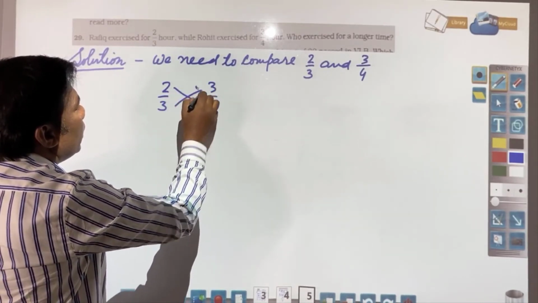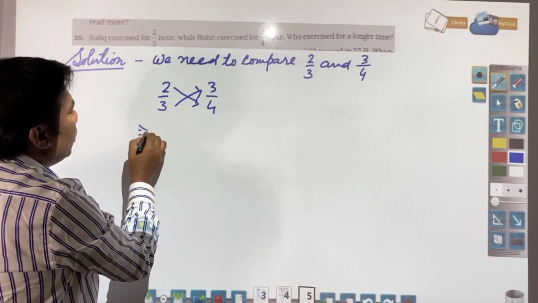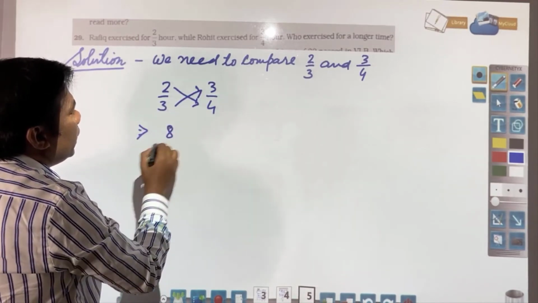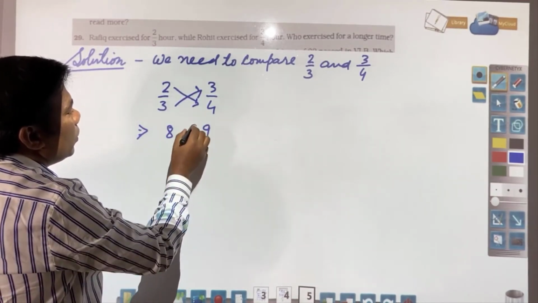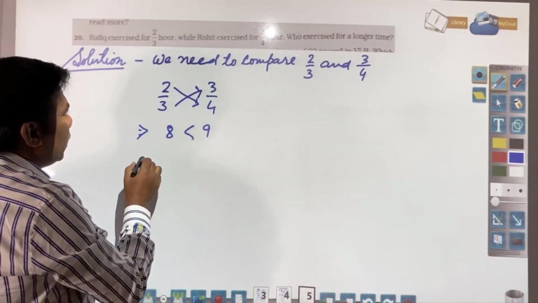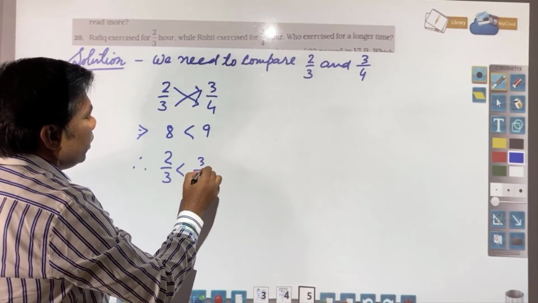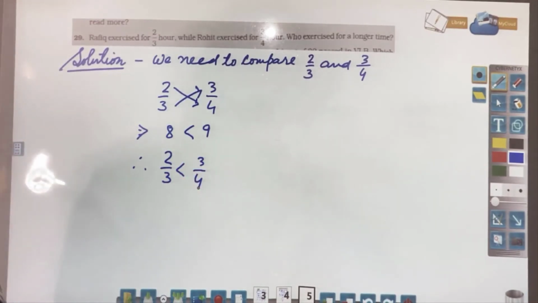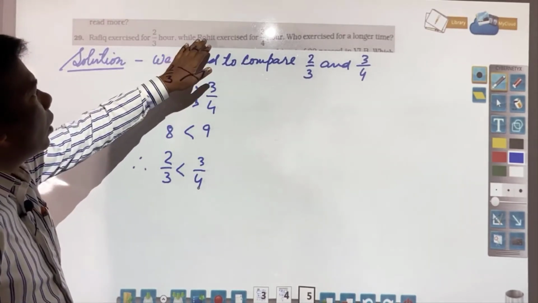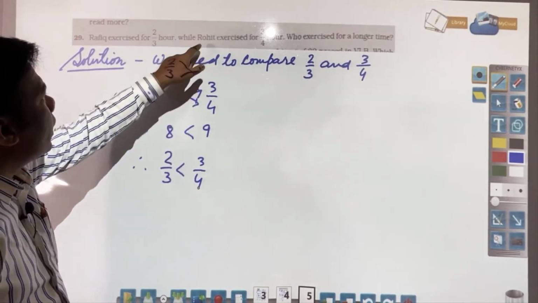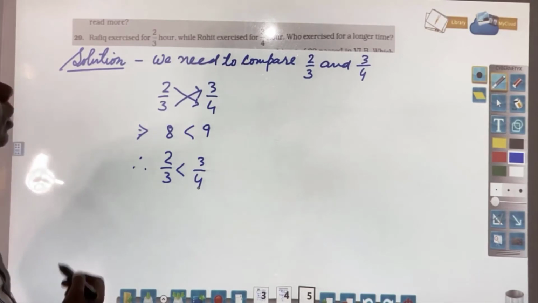So this will be 2 times 4 is 8 and 3 times 3 is 9. So 8 is lesser than 9. Therefore 2 by 3 is lesser than 3 by 4. It means who exercised for a longer time? 3 by 4 is greater. That's why Rohit exercised for a longer time.